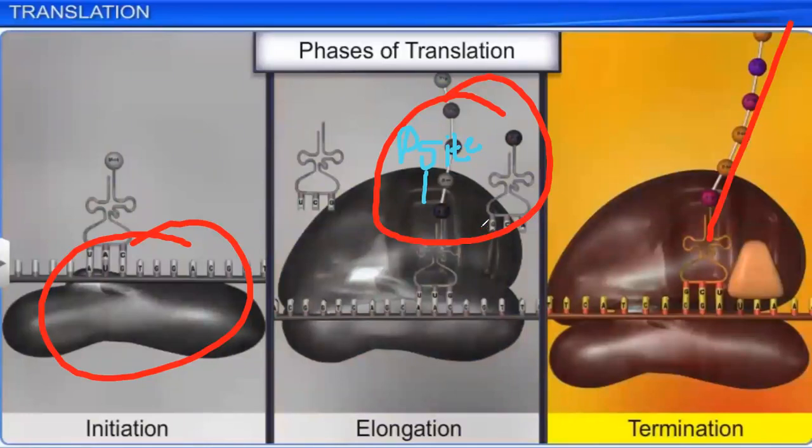For this there is one donor and one recipient: two sites, the site which will donate and the site which will receive. You will see further in the animation during the elongation process how it happens.